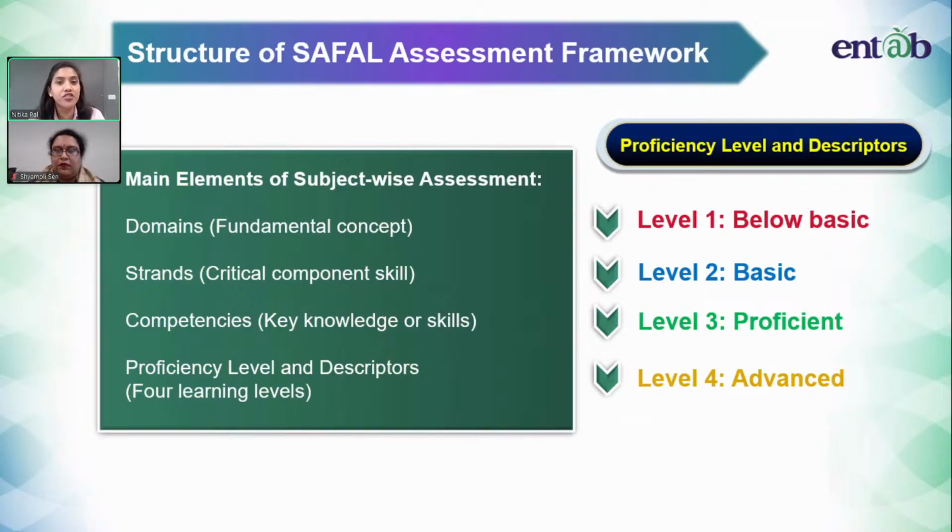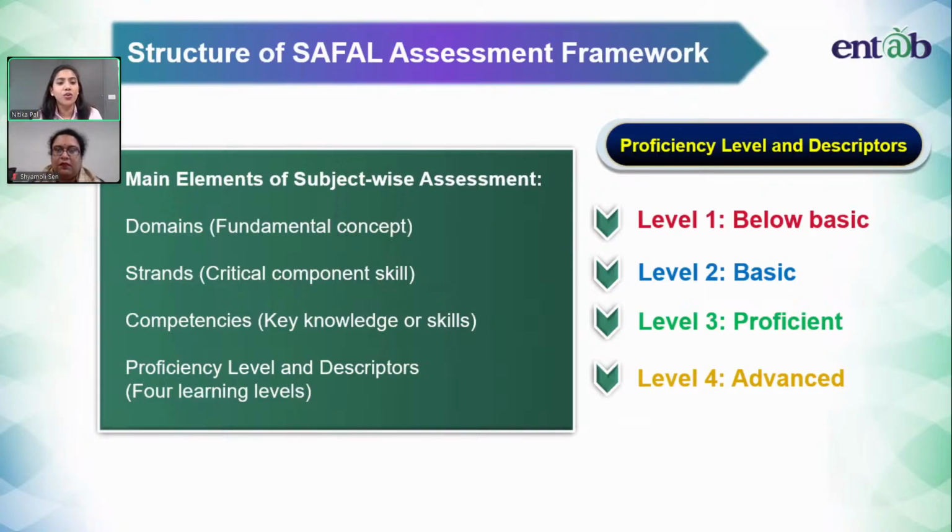If grade 5 students can solve grade 5 level questions, they are at level 3, which means they are on track. And if they are able to solve higher order thinking skill questions, they are at level 4, which means they are performing at or above grade level.